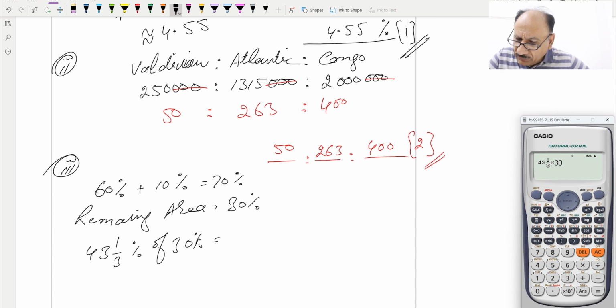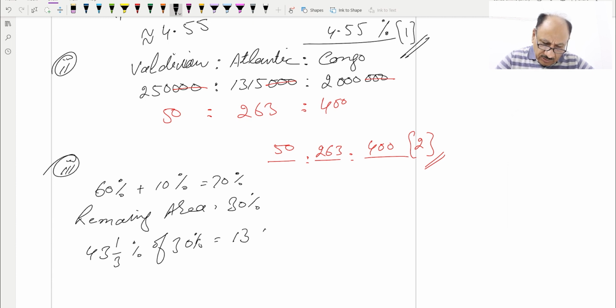We can take the symbol of percentage over here, and this should also be percentage, and this is equal to 0.13, or this is basically 0.13, meaning 13%, so we can write 13%. That's why I have written like this.